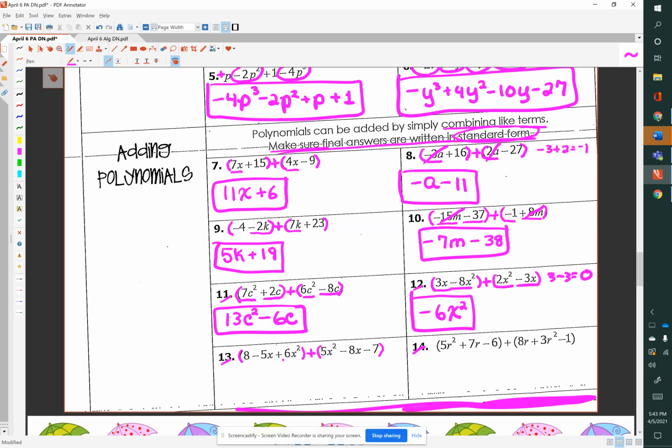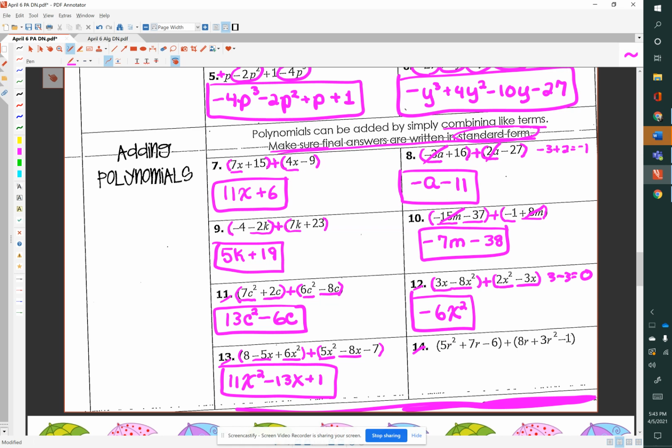So we'll start with the x squared terms. Positive 6 plus 5 is 11x squared. Negative 5 minus 8 is negative 13x, and 8 minus 7 is a positive 1. And that's our final answer, in correct standard form.